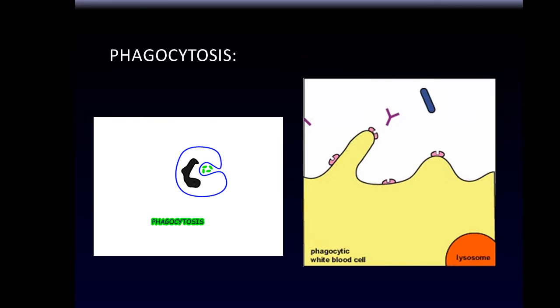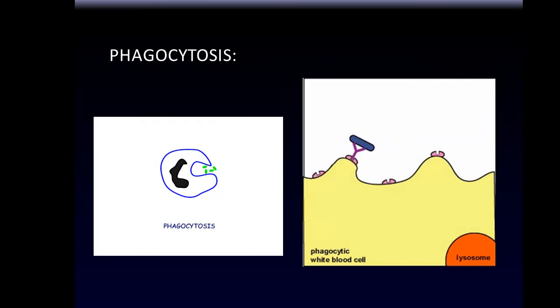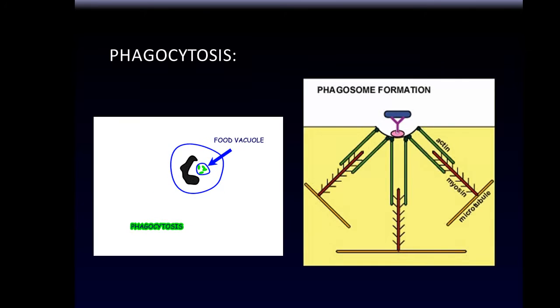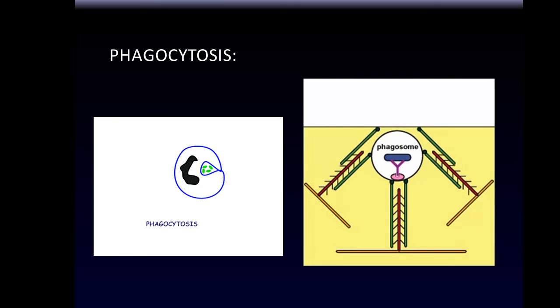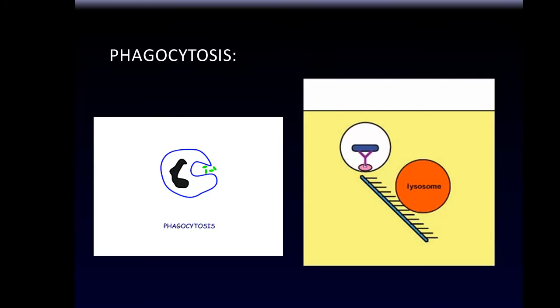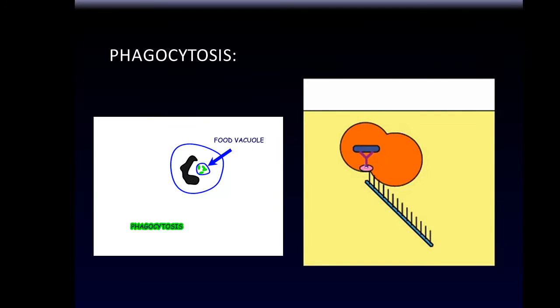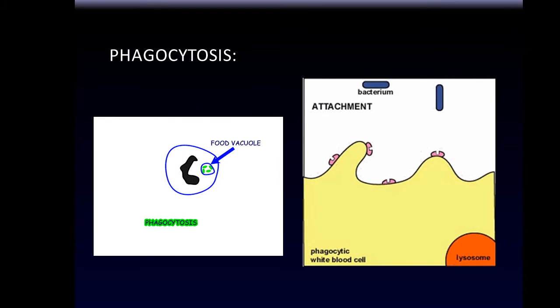Here's an example of a bacterium that the cell is going to take, and it's going to mix with the lysosome here. Watch. Remember the lysosome? It eats up bacteria. Now this is a higher magnification of how the bacteria is going to be drawn in because of those microtubules and stuff like that. Here's the lysosome moving in, and it's going to eat. Do you see how the vesicles are formed?